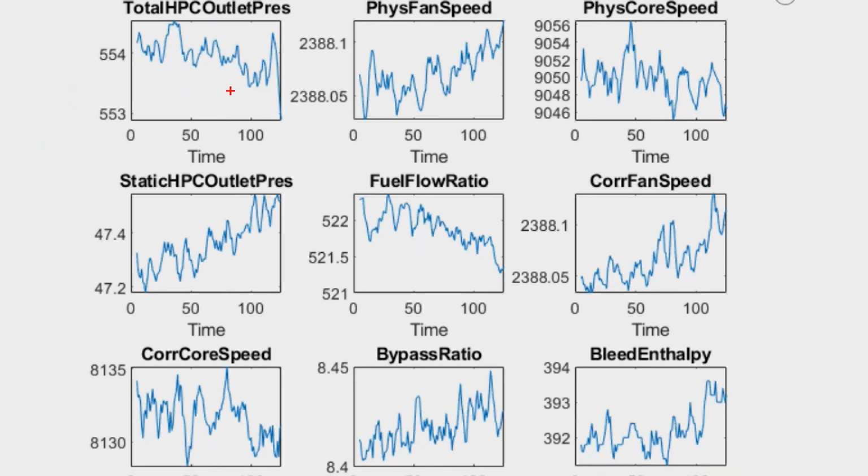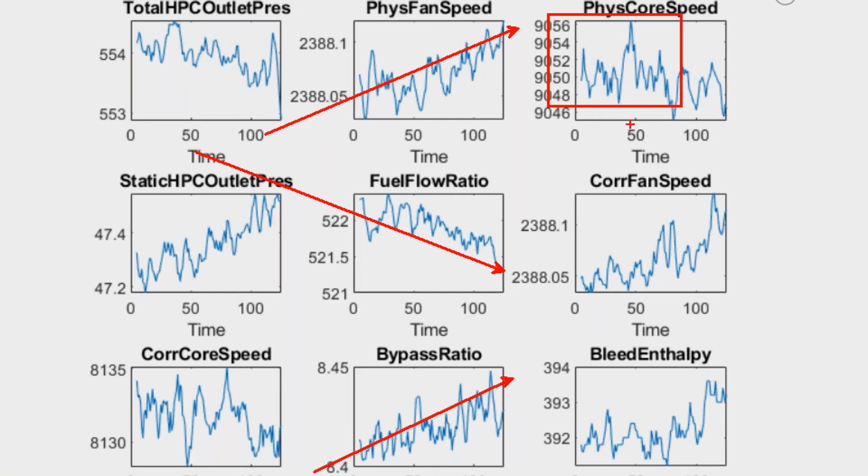So looking here, we can see that there's some trends developing in a few of these. This one goes up, this one goes down, this one goes up as well. This one maybe is a little less useful because it's just kind of noisy. There is a general downward trend, but the noise might outweigh that trend. So we are seeing some strong trends in some of these sensors.